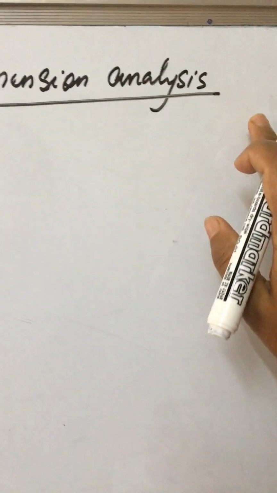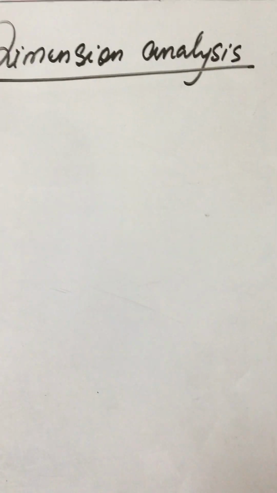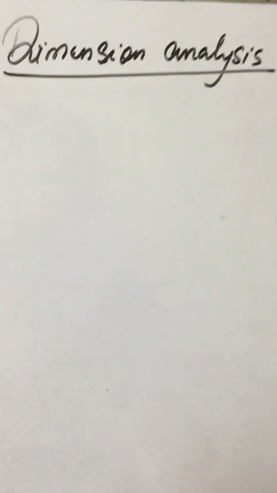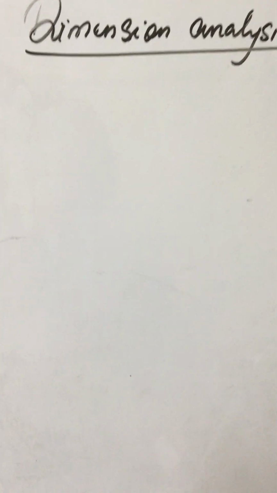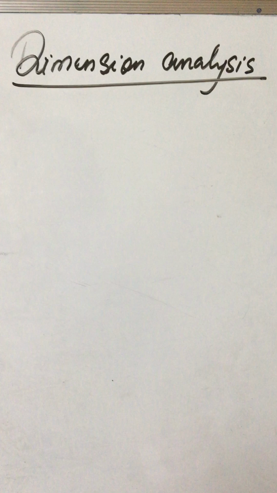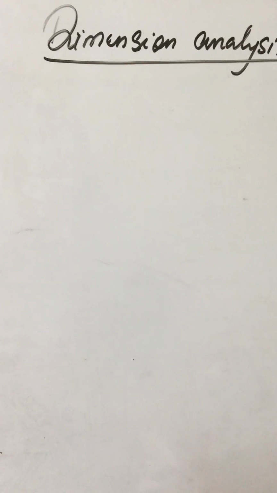Like in order to learn English, we need to know ABC, isn't it? Similarly, in order to learn physics, you need to know the 7 basic fundamental physical quantities: length, mass, time, current, temperature, amount of substance, and luminous intensity, right? That is given there in your note.